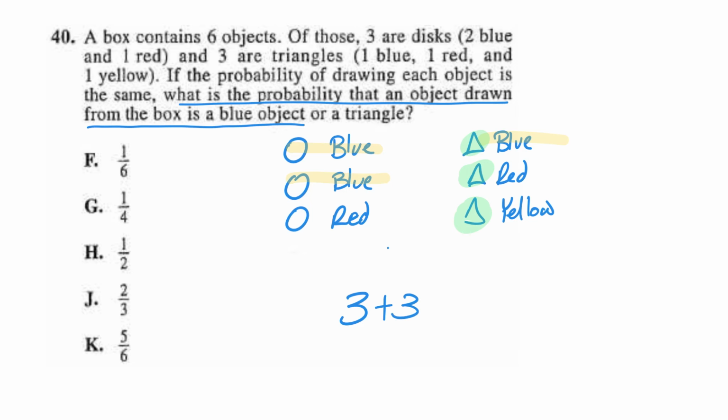But if you look at what we've done, we've counted the blue triangle twice. We counted it as a blue object and we counted it as a triangle. So we have to subtract any overlap. These are not mutually exclusive, so we will have to subtract this back away. So 3 plus 3 is 6, minus 1 is 5/6. That is our probability of selecting a blue object or a triangle.